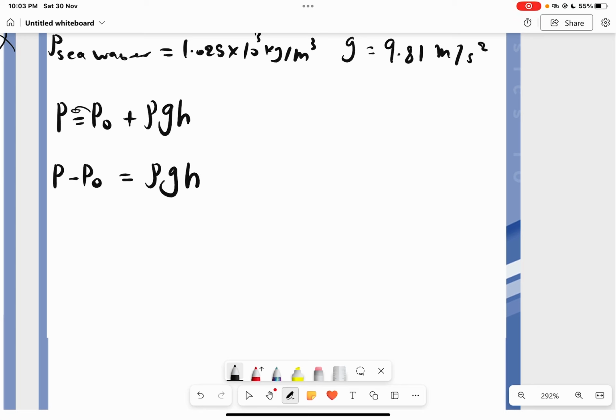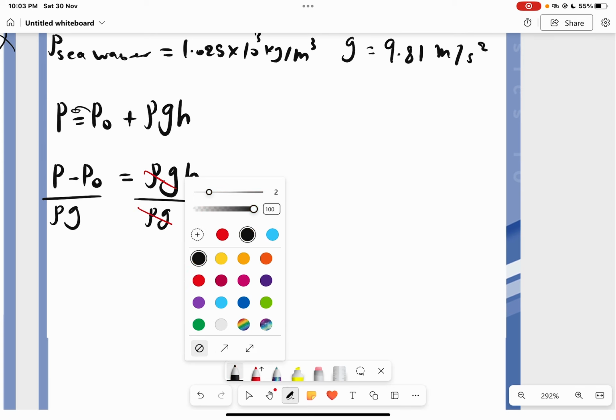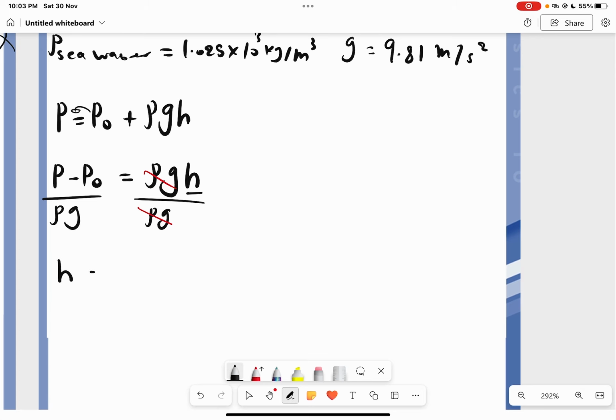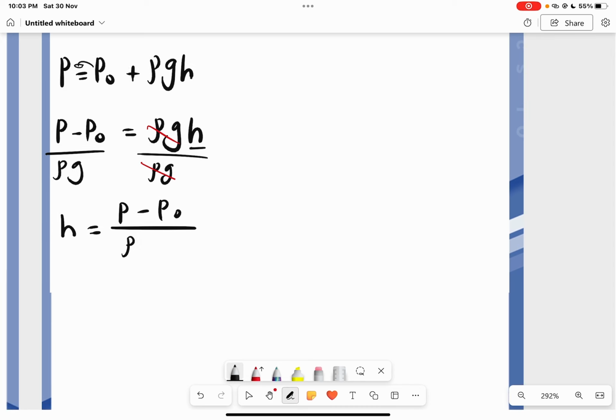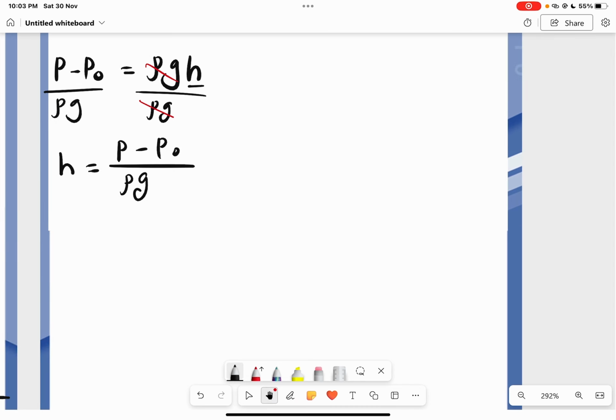Then to find h, divide by rho g, and divide the other side too by rho g. This cancels with this. You have h is equal to pressure subtracted by atmospheric pressure, all divided by density multiplied by gravity.